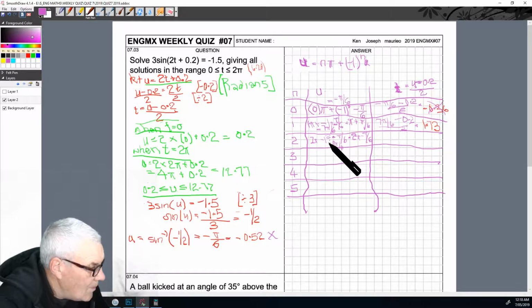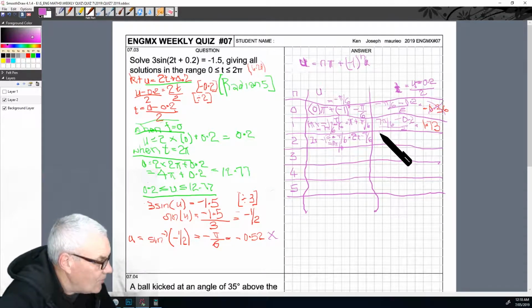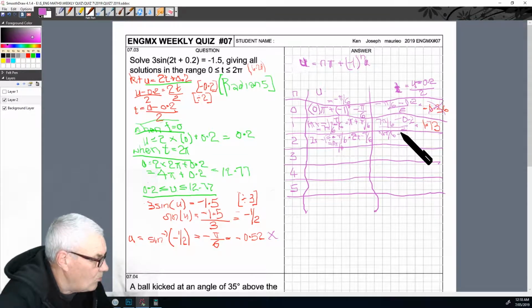So that equals 11 pi by 6. So over here we're going to have 11 pi by 6 minus 0.2 over 2.